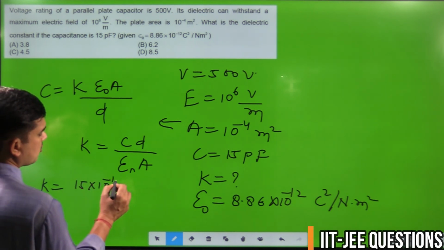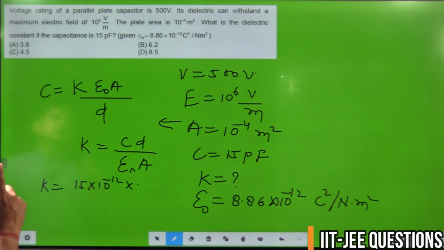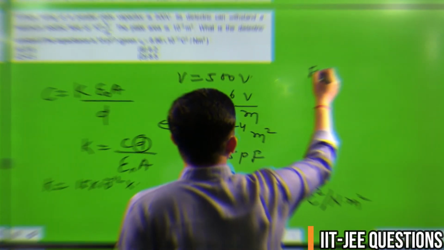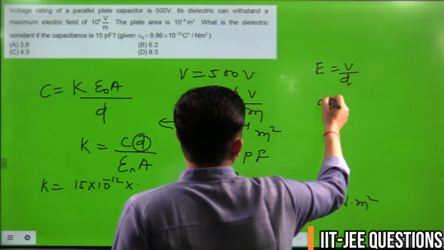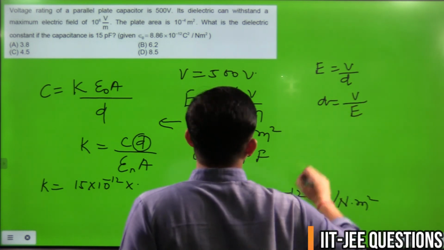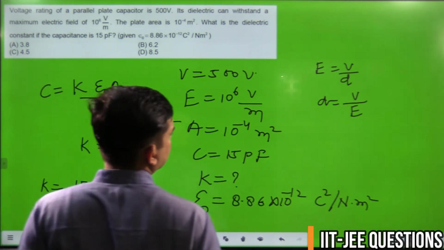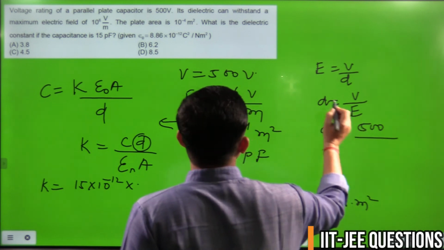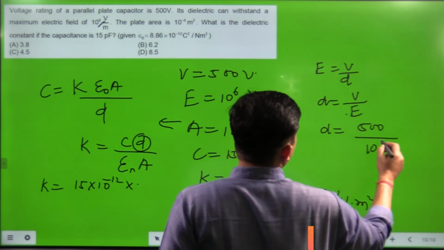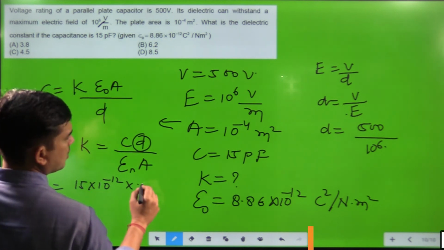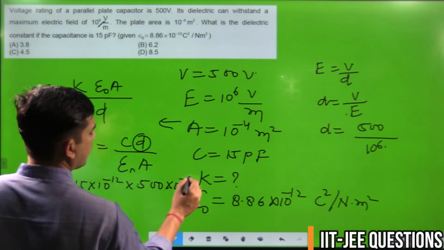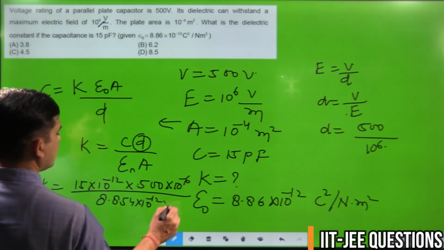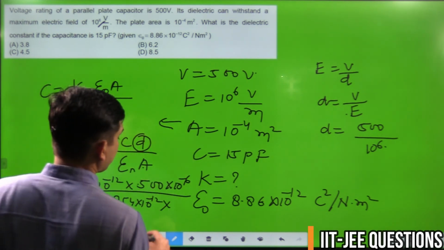The value of D, distance, is not given, but we know that E equal to V by D, then D equal to V by E. V is 500 and E is 10 to the power 6. Now put the value of D: 500 into 10 to the power minus 6 upon epsilon naught 8.854 into 10 to the power minus 12 into A, 10 to the power minus 4.